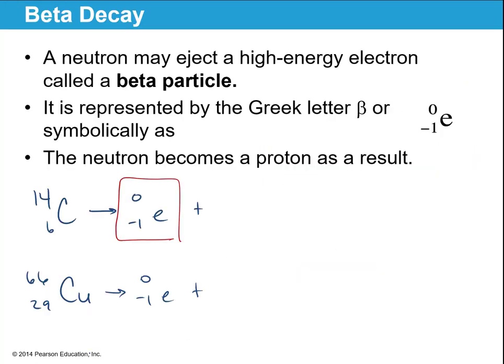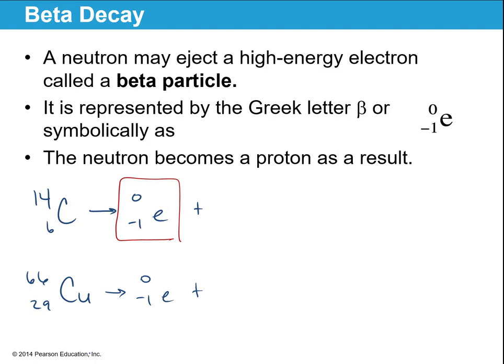Second one. So the second one is those pesky neutrons. If there are too many neutrons in the nucleus of the atom, that makes it unstable. So another way for an atom to become more stable is to take its extra neutrons and convert one of them to a proton and an electron.